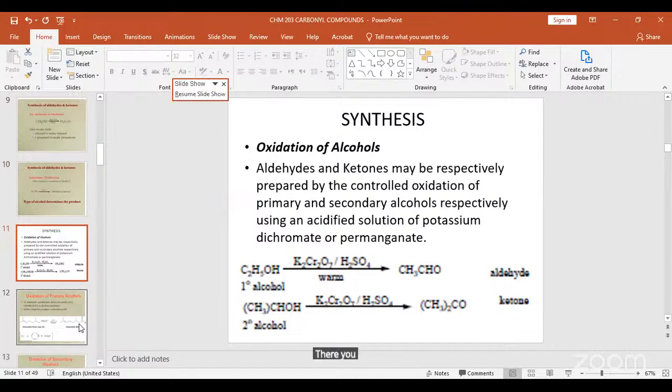You have a primary alcohol, you oxidize it to give an aldehyde.